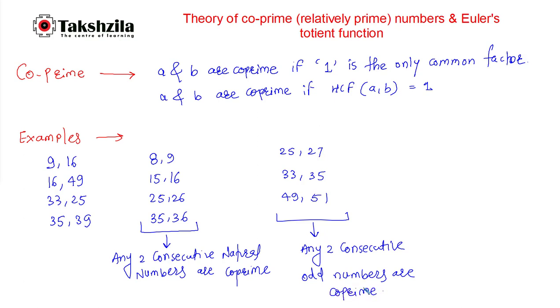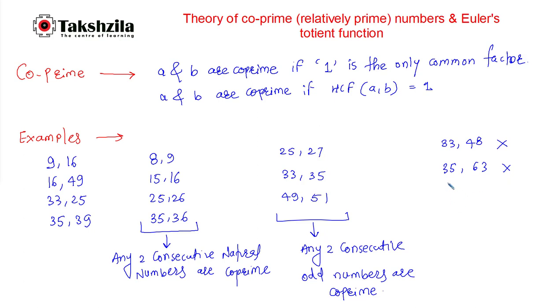After that, let's look at a few examples which are not co-prime pairs. For example, 33 comma 48 is not co-prime because 3 is a common factor between them. After that, 35 comma 63 is not co-prime because 7 is a common factor between them.